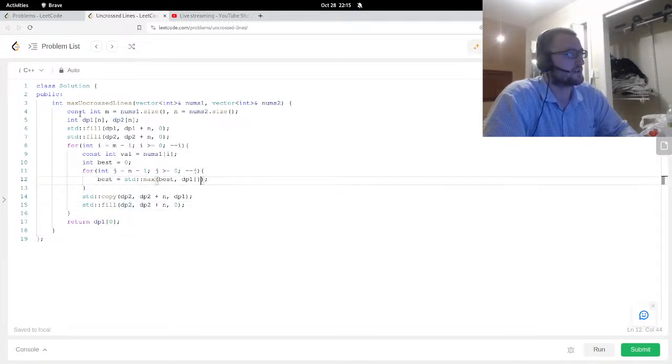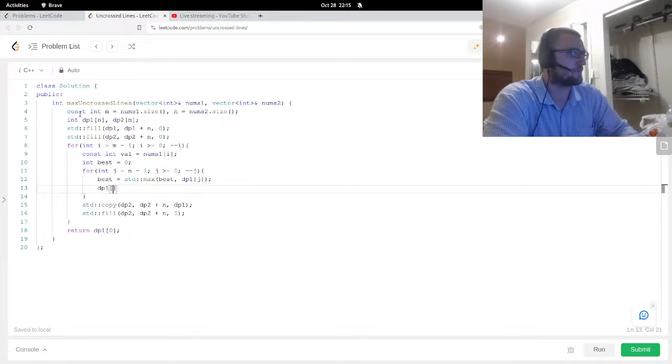Okay, so the way this is going to work, first things first, dp1 of j is the best, and then dp1 of j itself is going to be equal to the maximum of itself and best. I don't know, we're going to write dp2, excuse me. Yeah, write into dp2 based off of dp1.